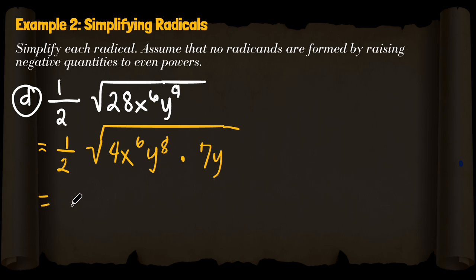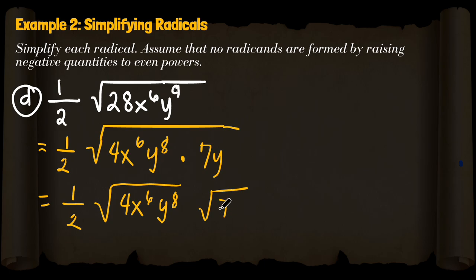Okay, so we have 1 over 2 times square root of 4x raised to 6, y raised to 8 times square root of 7y. Okay? So, in this case, ang gagawin natin, simplify pa natin ito. So, we have 1 over 2. Square root of 4, that is 2, right?